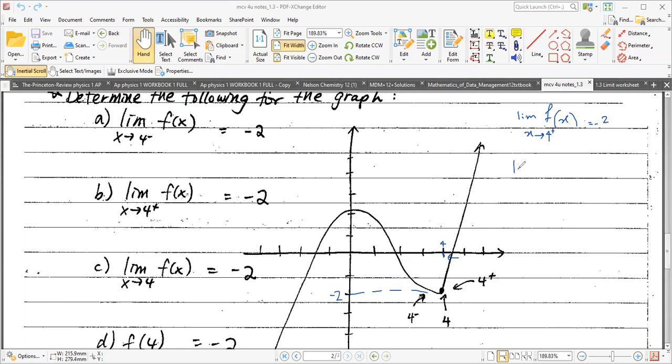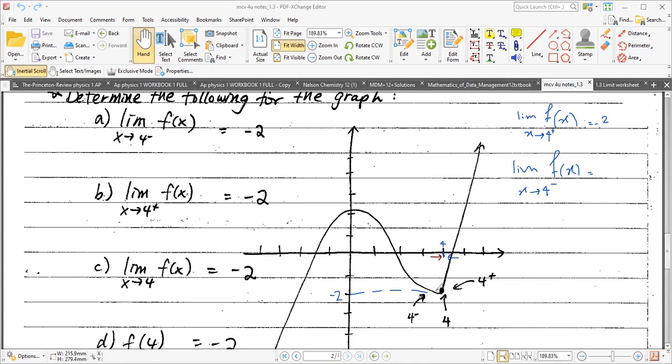Now I want to find the limit of function x getting close to 4 from the lower value. So again, this is a 4 from the lower values. It's from left side here. I have to look at this part of my graph.